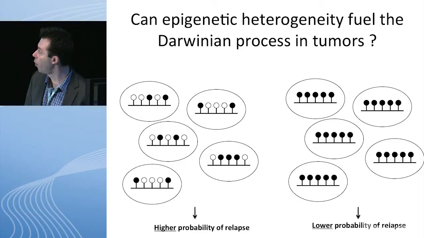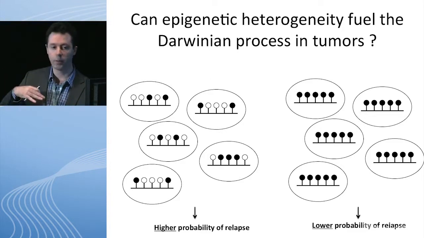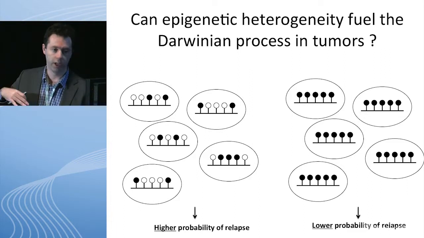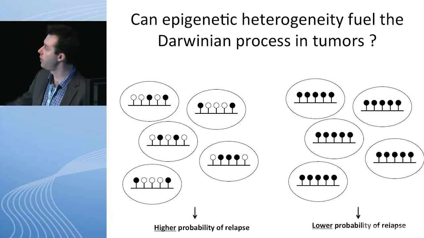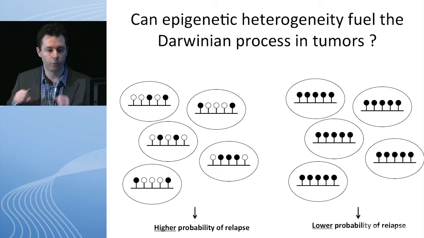And basically, a way to interpret this is like this. Again, this is going back to this Darwinian process that I was telling you about, not from a genetic point of view, but more from an epigenetic point of view. If you have a very diverse population of cells, where each cell is a little bit different when it comes to its epigenome, it seems that you could have a slightly higher probability of relapse compared to if all of the cells are very similar to each other.